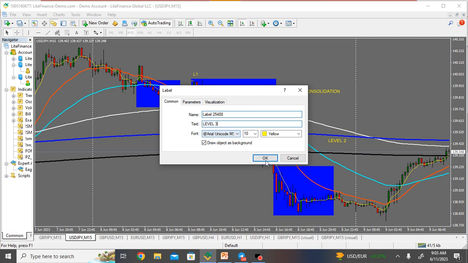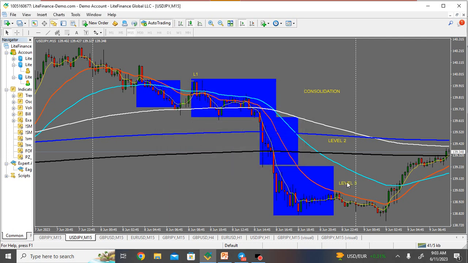This was level 3. So the safest entry is within level 2. If you see the first push, you can ignore that, but you can take that entry for risk. But the safest entry is in level 2.